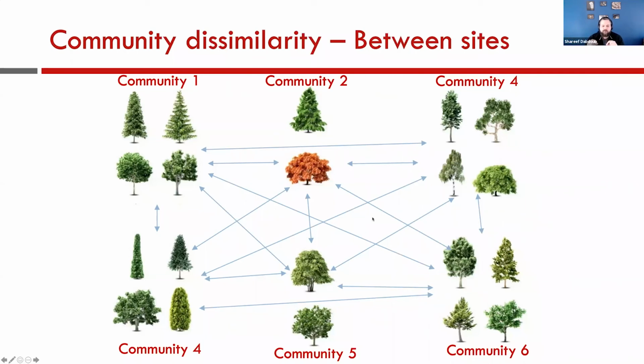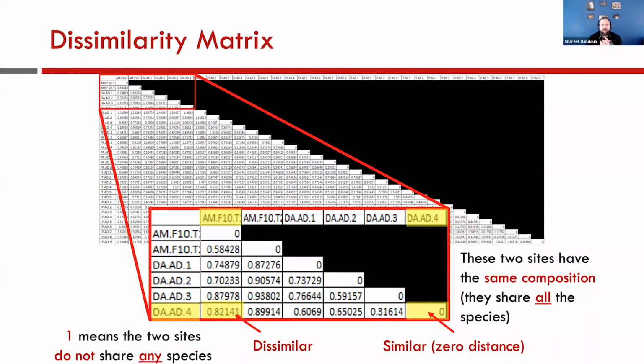So this is the important part about beta diversity or community dissimilarity, is that whatever metric you use, you apply it pairwise between all the samples. And so when you do this, you get what's called a dissimilarity matrix. So if you look at this, you have a matrix of samples.